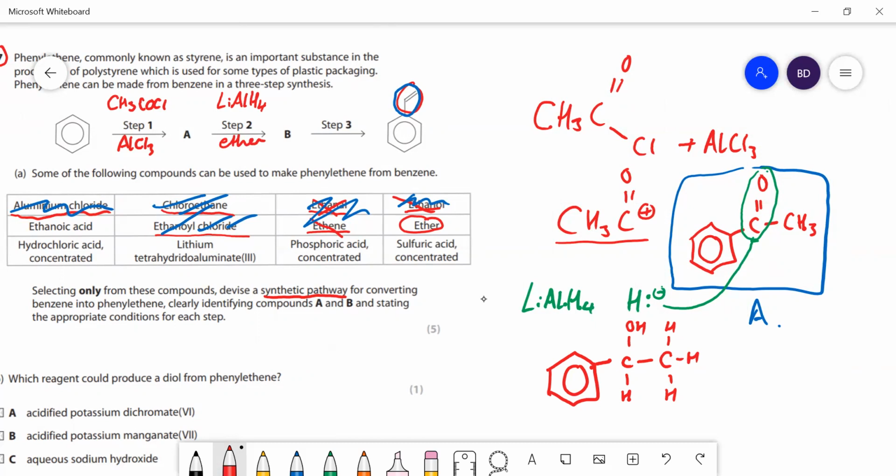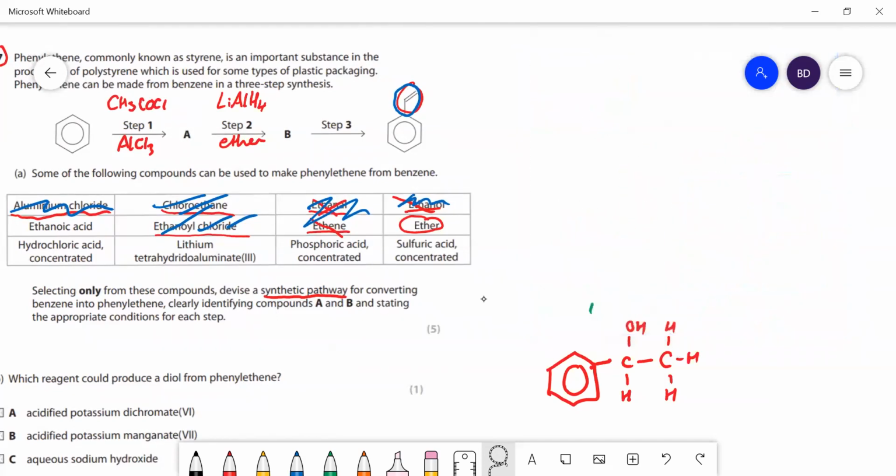Finally, step 3 then. So somehow we've got to convert, and I'll clear a bit of space here, we've got to convert this alcohol into an alkene. So we've got to turn that into, draw it in blue. So what have we done there?